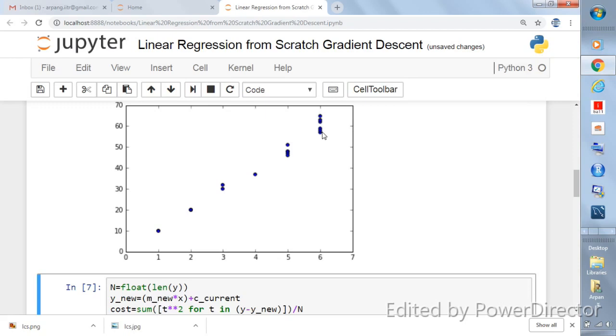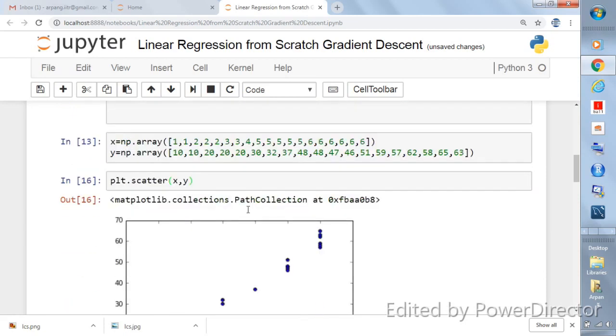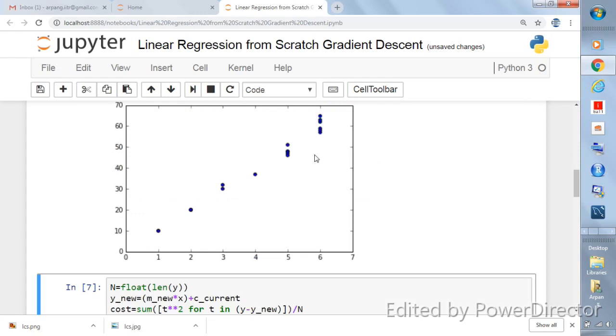There are definitely some assumptions behind linear regression, but just for a simple case, we are taking some values, and if you show it to anybody, they will say that a line can be passed through these points.